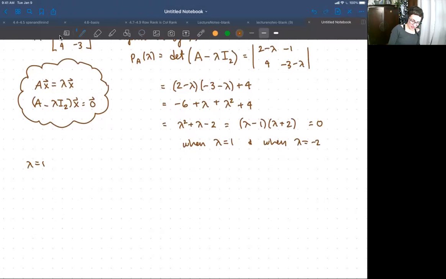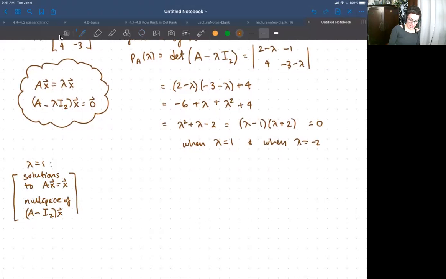We are looking at the solutions to Ax equals x, in this case, 1 times x, which means that we're looking for the null space of A minus 1 I2 times x.